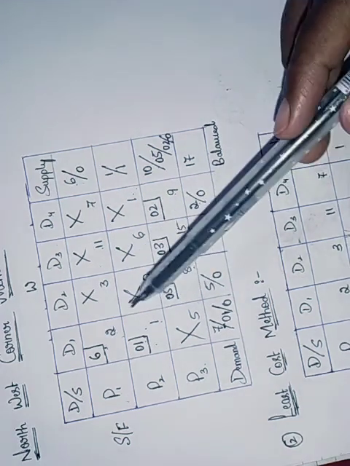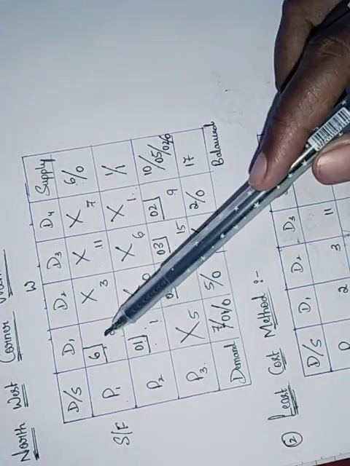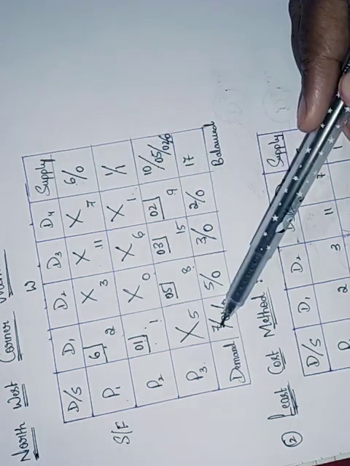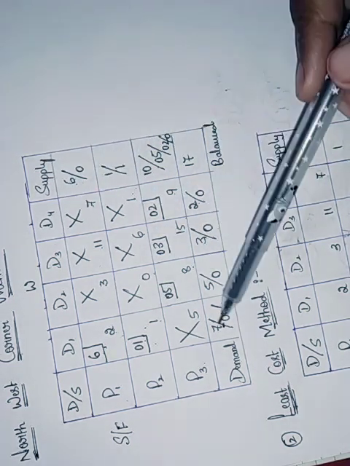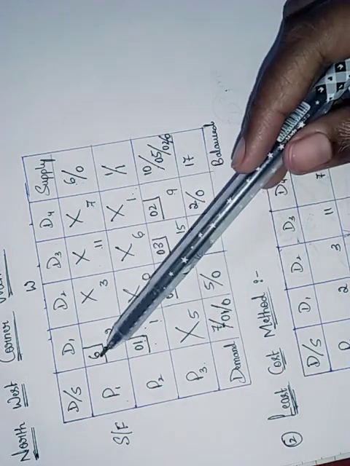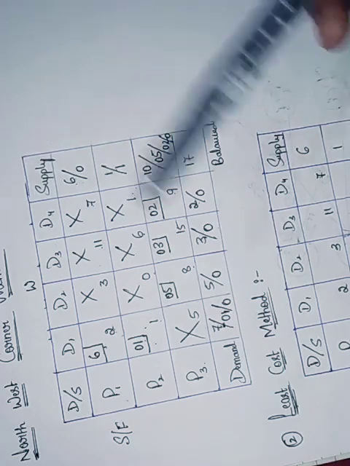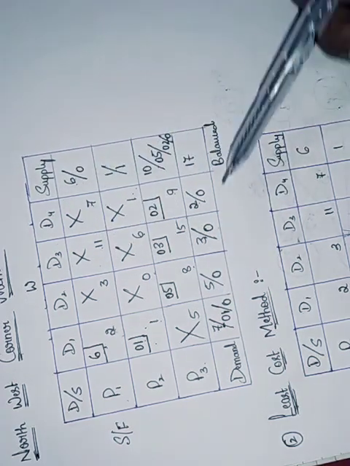I repeat, first we have to identify the northwest corner cell and then compare the supply with the demand. As per the units of supply and demand, we allocate the units and go on reducing the units of demand and supply according to the problem.